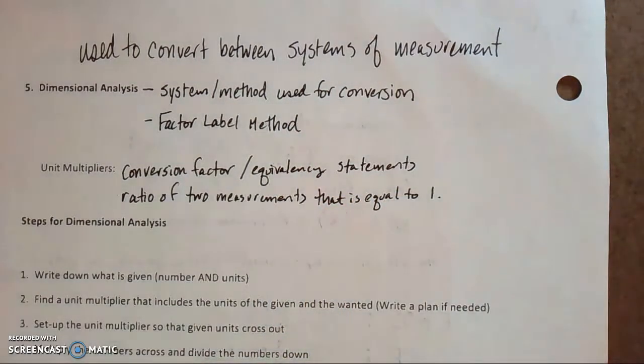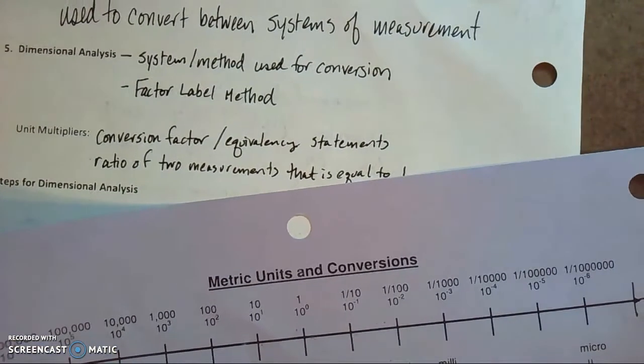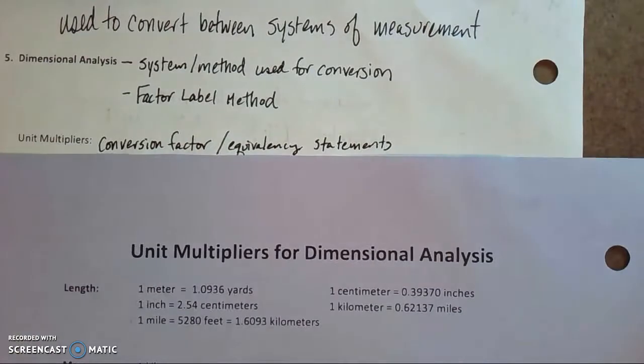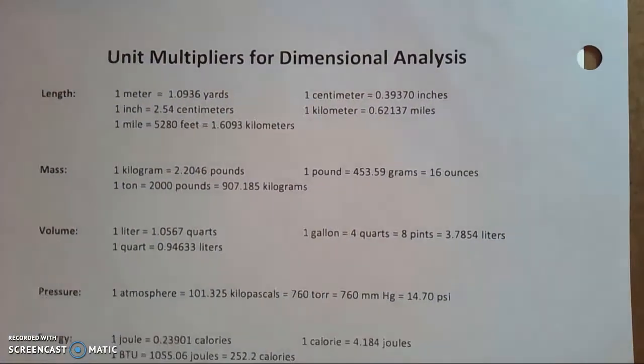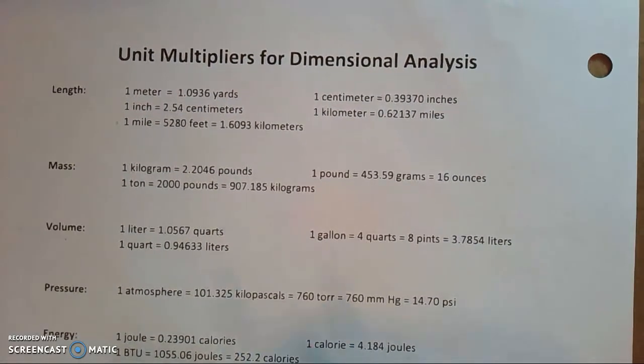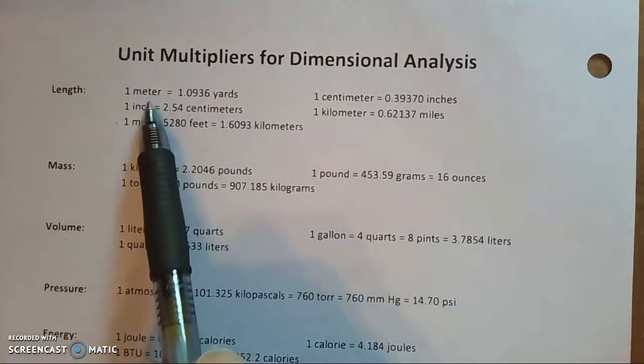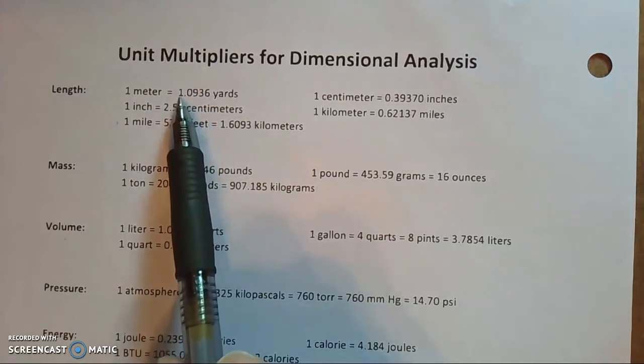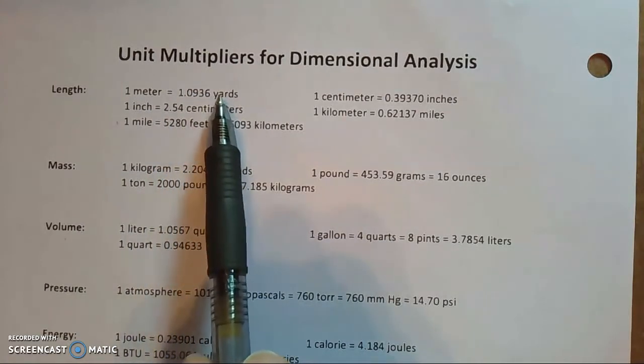So on the back of your metric units and conversion sheet, you can see that we have a list of unit multipliers that we're going to use. So all of these things are equal to one another. So 1 meter is equal to 1.0936 yards.